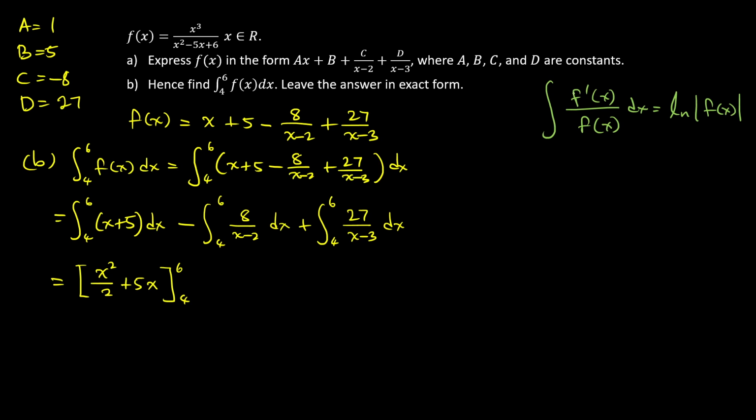This integration of the derivative of f x over f x itself equals ln of the absolute value of f x. So if you look at this, it is not exactly the derivative of x minus 2, but 1 is.